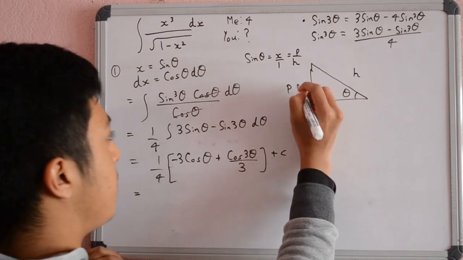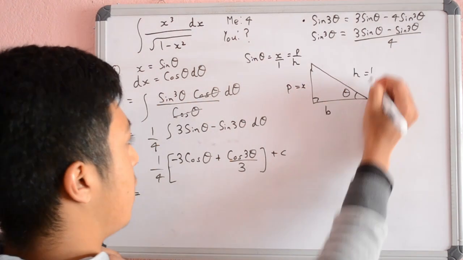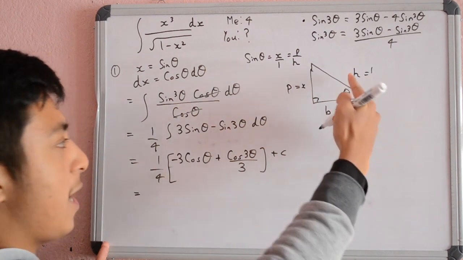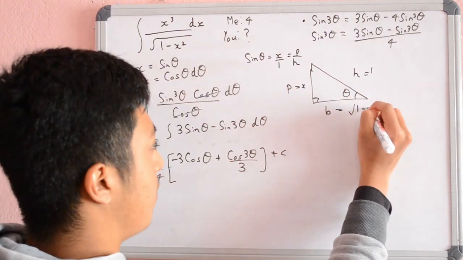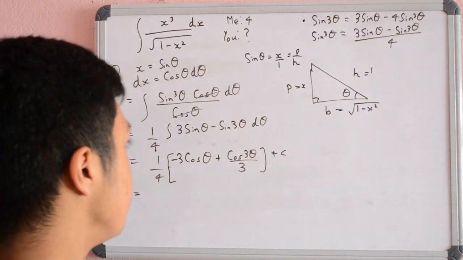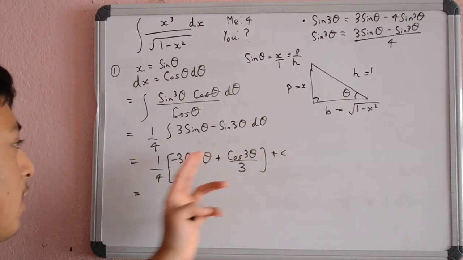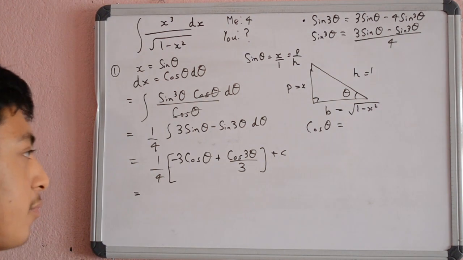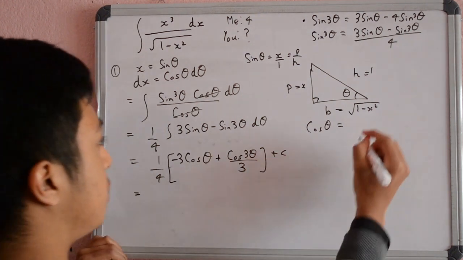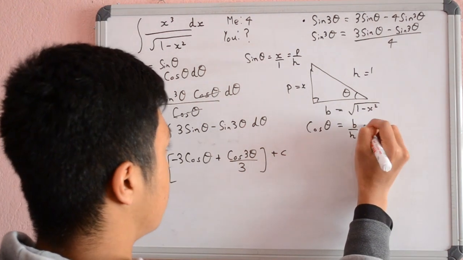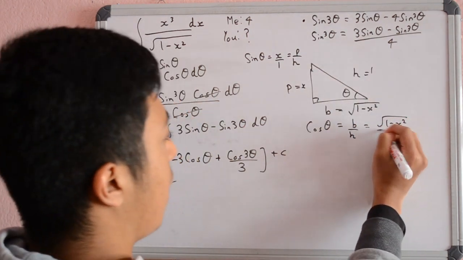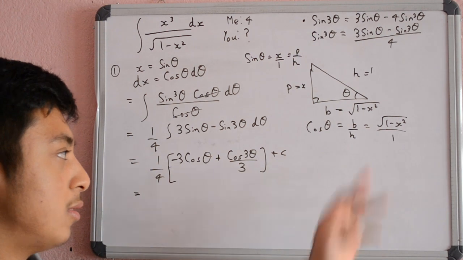So that gives the perpendicular as x, hypotenuse as 1, and we just need to figure out our base, which is root over h square minus p square, which is root 1 minus x square. So that means we can find our cos theta, because cos theta will be base by hypotenuse, which is root 1 minus x square by 1, right?